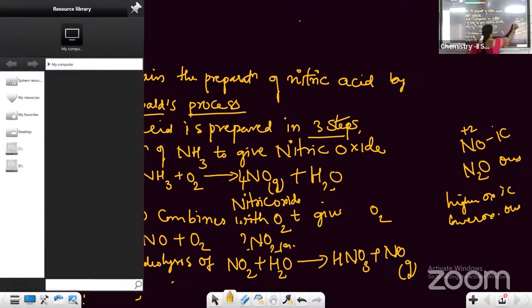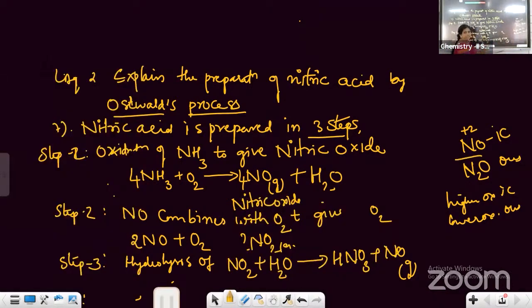Please be clear. NO is nitrogen in the higher oxidation state, and N in the higher oxidation state will end with the suffix ic, and N in the lower oxidation state will end with the suffix ous. So this is nitric oxide.